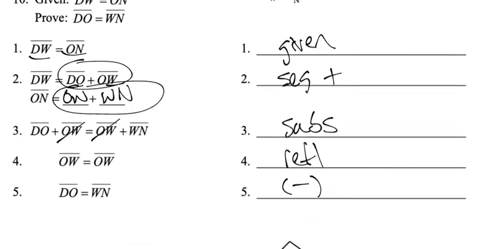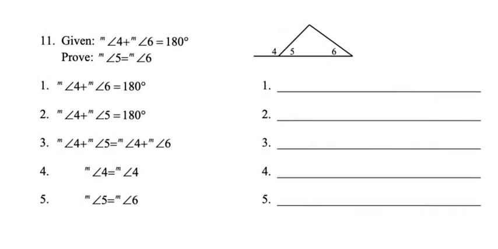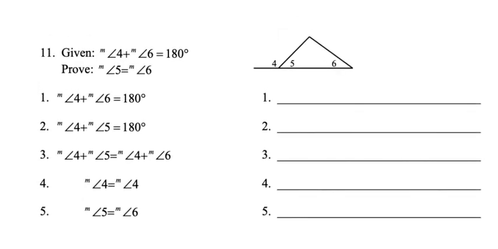And then number 11 here. So this one's got angles in it, but I'm given that angle 4 plus angle 6 is 180. So that's that first line. And then I'm told that angle 4 plus angle 5 is 180. But again, that's something I should know just looking at the diagram.